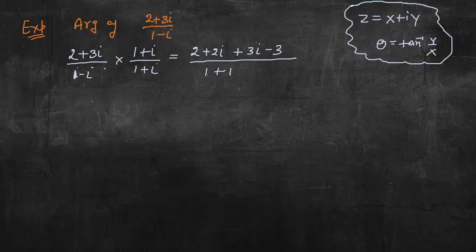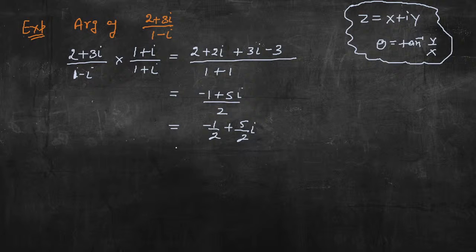As I have done in many questions, (a minus b)(a plus b) is a square plus b square, so iota square becomes minus 1 and it becomes positive. Here you get 2 minus 3, that is minus 1. So minus 1 plus 5 iota divided by 2. So here you got minus 1 by 2 plus 5 by 2 iota.